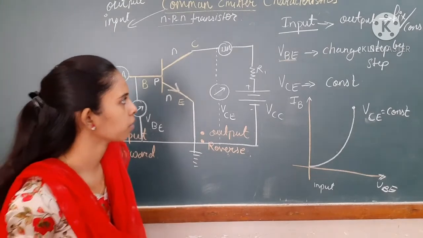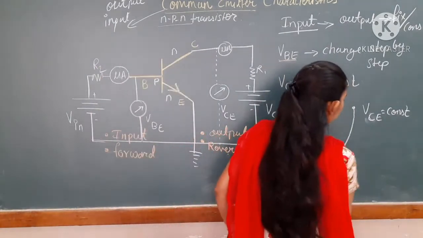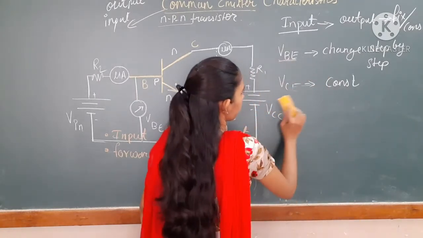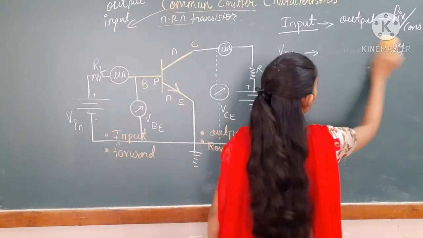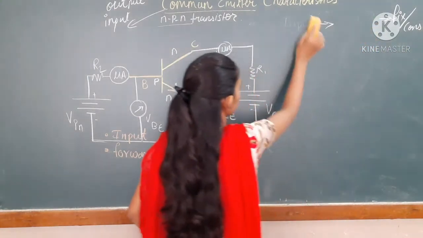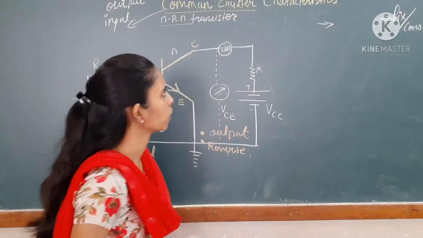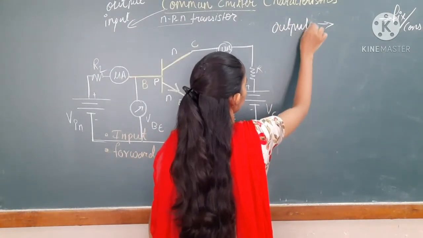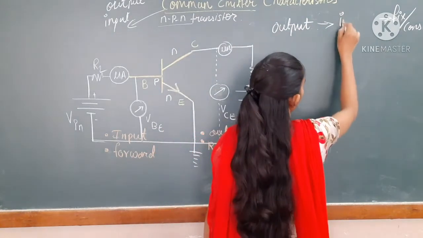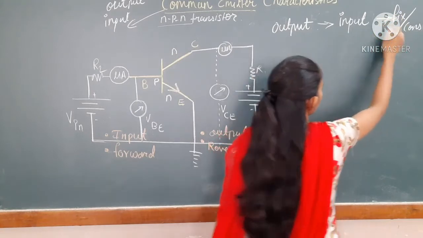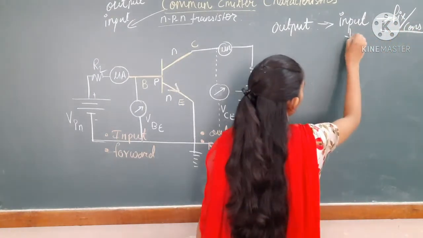Now in the same manner, what do we have to study about? Yes, we have to study the output characteristic. Your output is going to change and input is going to be constant. For output characteristic, the input should be constant.